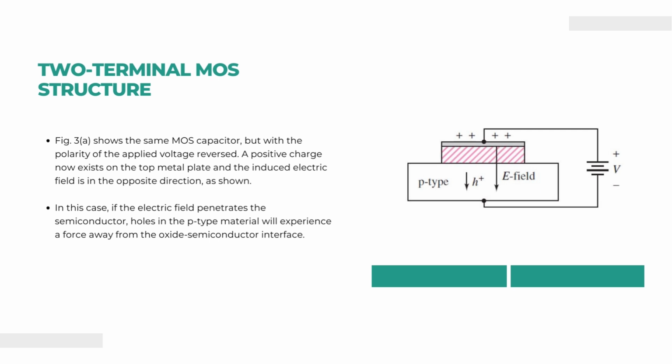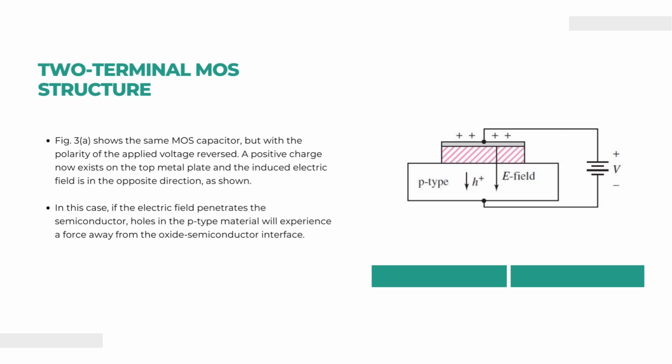Now, these holes will be pushed downwards because similar charges repel each other. There is a positive charge at the metal interface, so it will repel the holes and the holes will move in the downward direction. They will be attracted by the negative potential applied to the semiconductor.